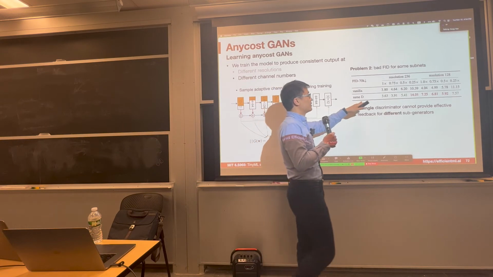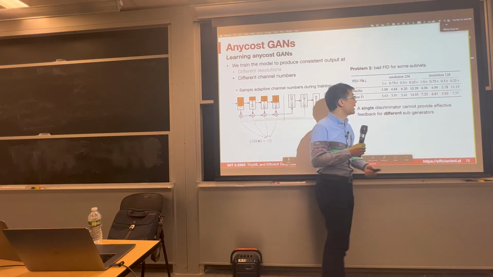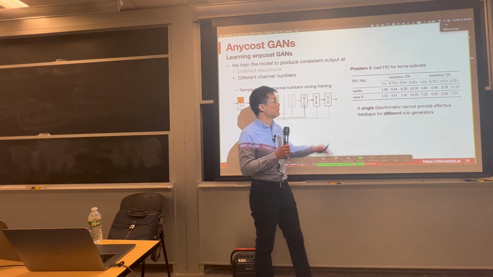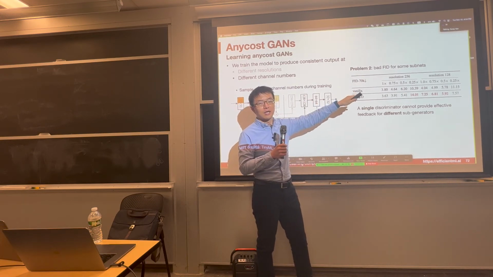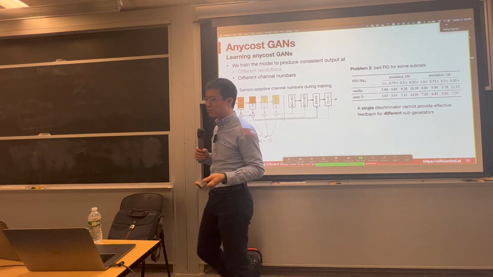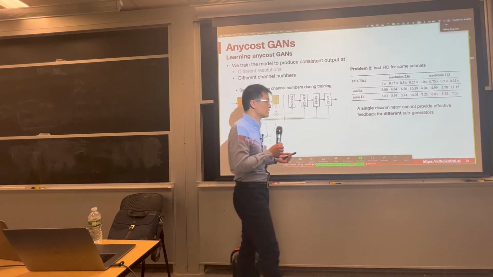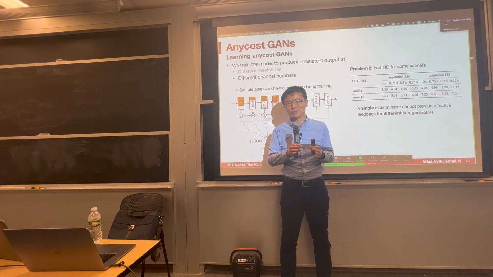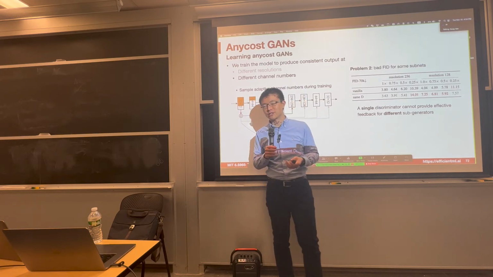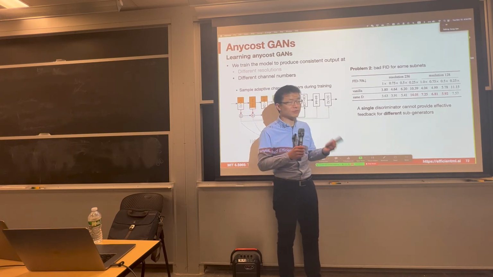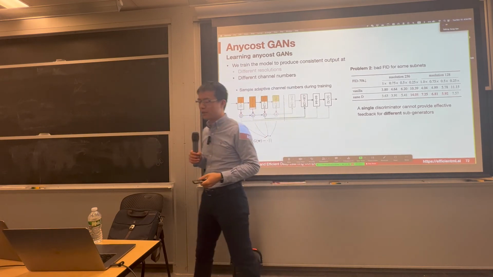We encountered another problem. We got a pretty bad FID for some of the subnets. We retrospected and found that we were using the same discriminator for different generators. Imagine you have a very small, weak generator. You should also use a weak discriminator. The discriminator should be aware of the architecture of the generator. If the generator is small, the discriminator should be more lenient.